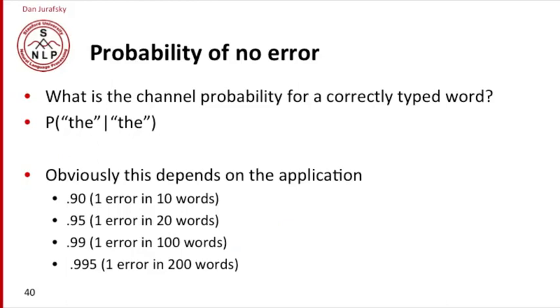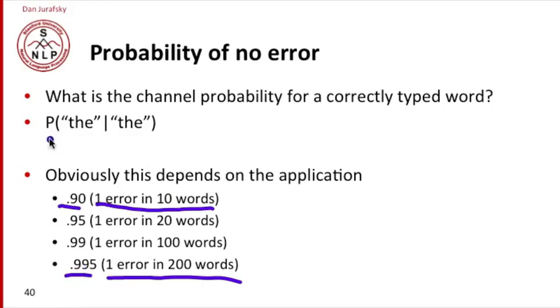How do we compute this probability of no error? What's the channel probability for a correctly typed word? And this obviously depends on the application. So we might make the assumption that in a particular application, one word in 10 is typed wrong, and that means that the probability of a correctly typed word is 0.9. Or we might instead assume that one word in 200 is wrong, and so now the probability of any word being typed correctly is 0.995.